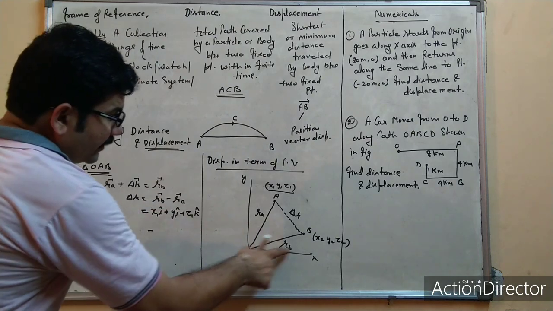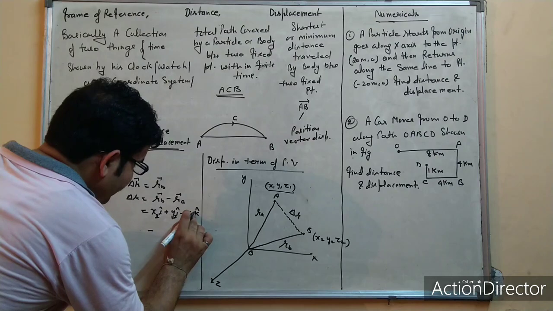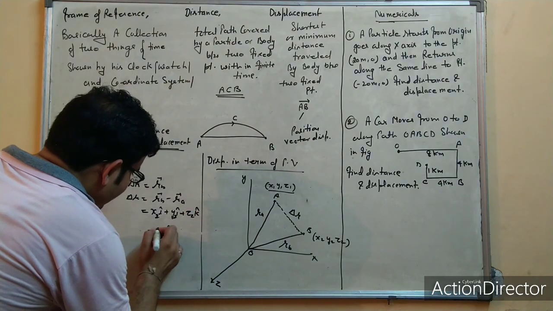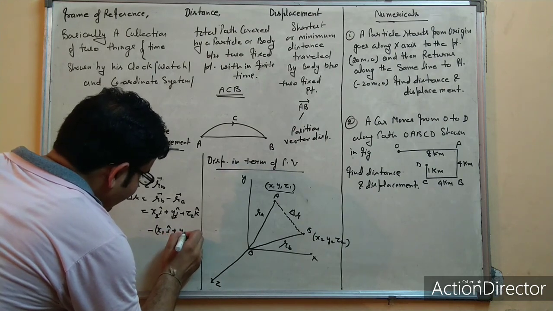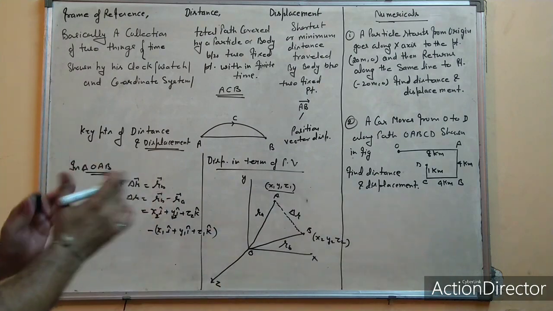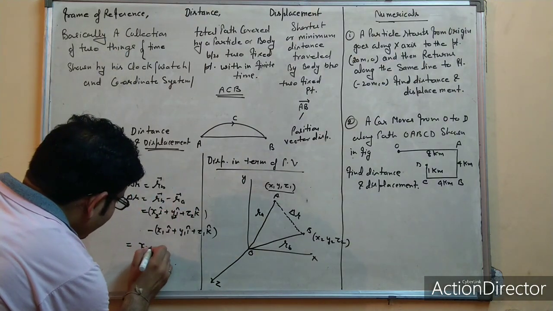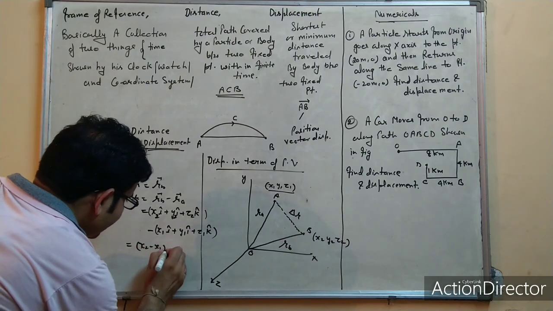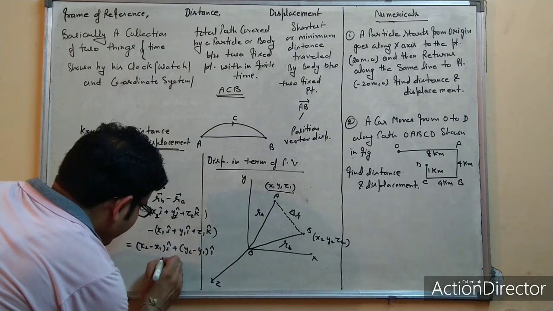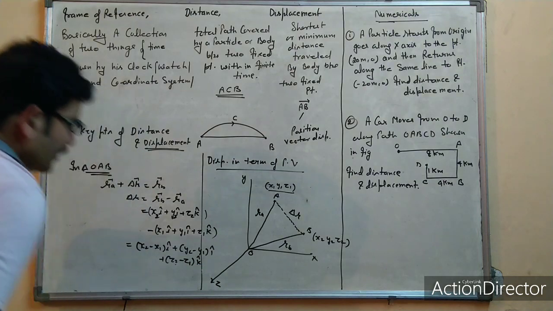Sorry, this is for RB, you have to take 2 here: x2 i cap plus y2 j cap plus z2 k cap, minus x1 i cap plus y1 j cap plus z1 k cap. Now if you subtract these two, it will be (x2 minus x1) i cap, (y2 minus y1) j cap, and (z2 minus z1) k cap.